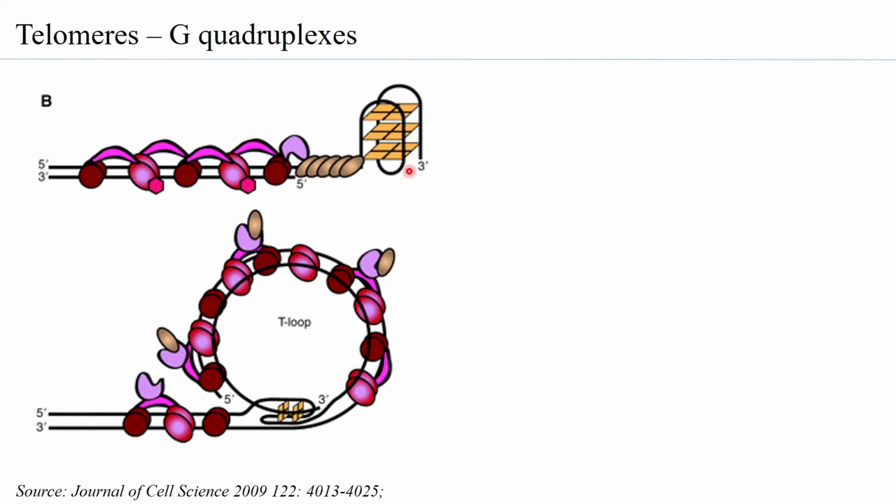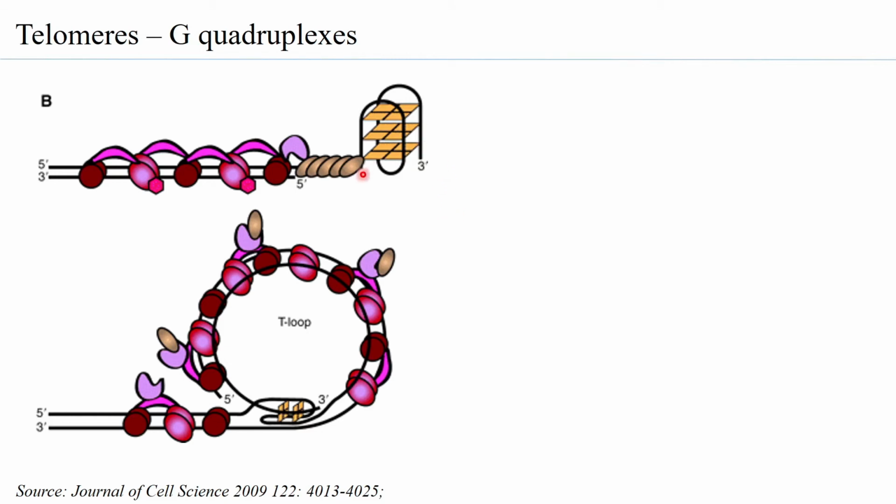And when present as a quadruplex, the single strand is associated with itself. So again, it is a structure that cannot be easily contacted or cleaved by the nucleases. So you do not have exonucleolytic degradation happening because of the presence of the G quadruplexes.